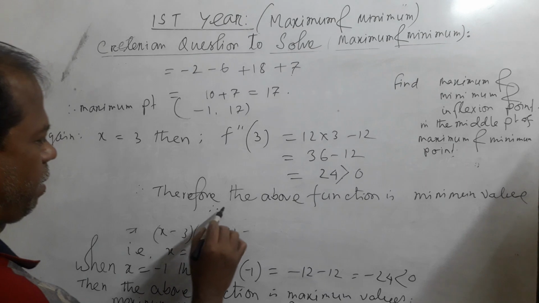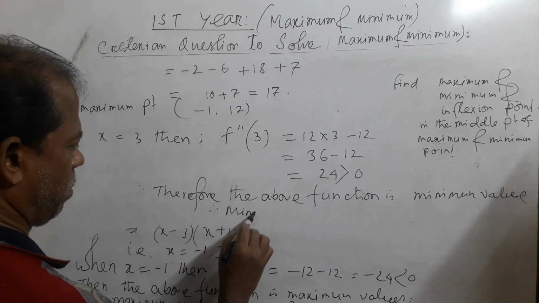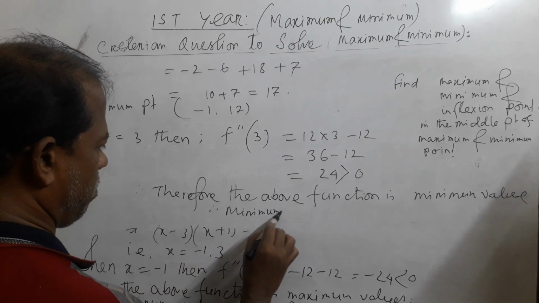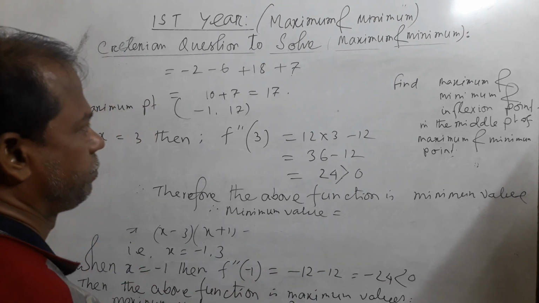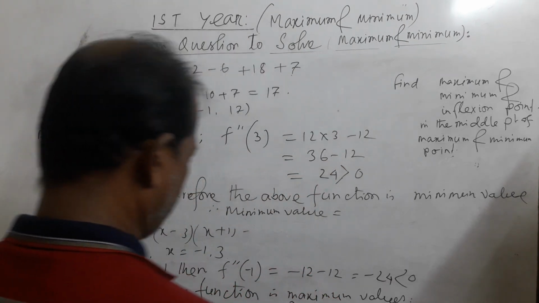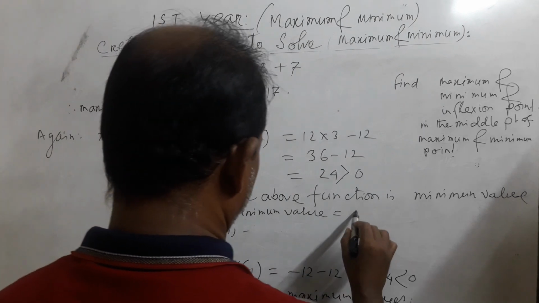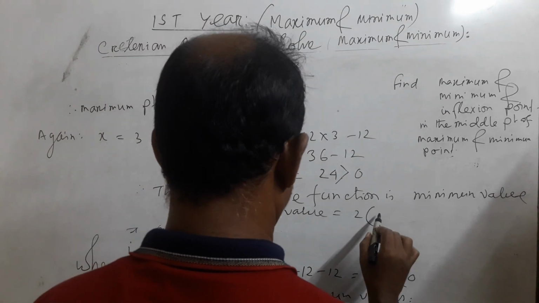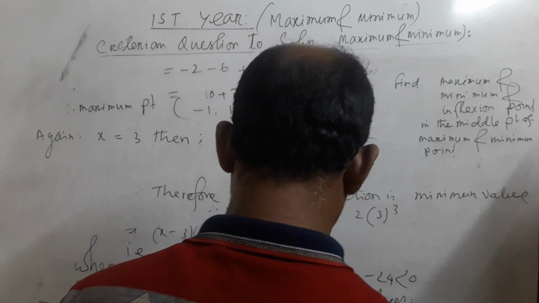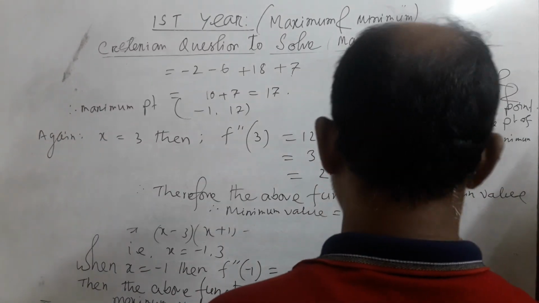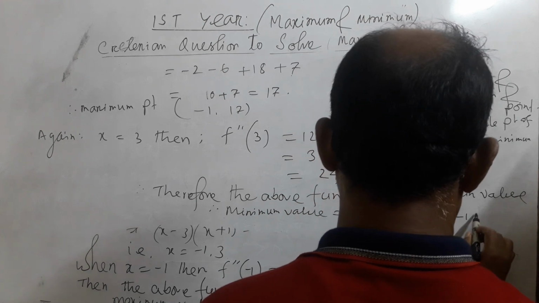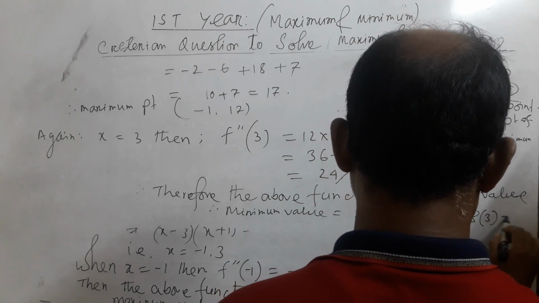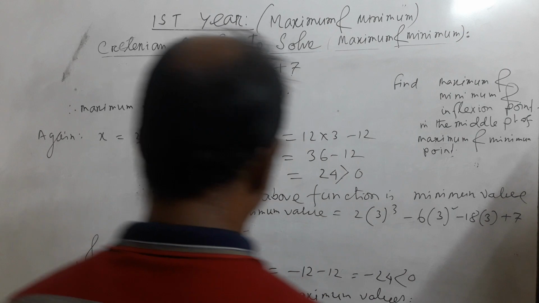Therefore the minimum value equals 2 into 3 cube minus 6 into 3 square minus 18 into 3 plus 7.